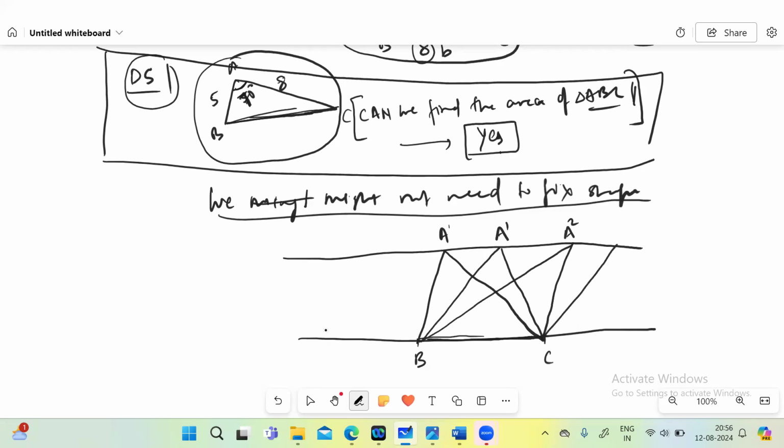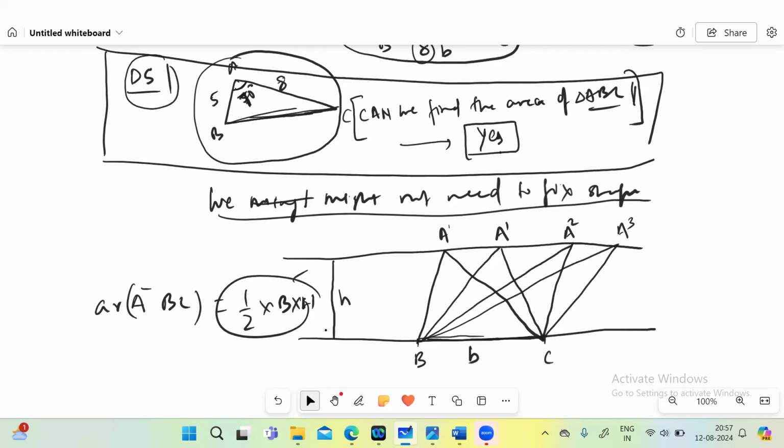So all these triangles are not the same in structure. They are not fixed. But for all these triangles, if the length of BC is B and the distance between these two parallel lines is H, then the area of all such triangles will be half into base into height.